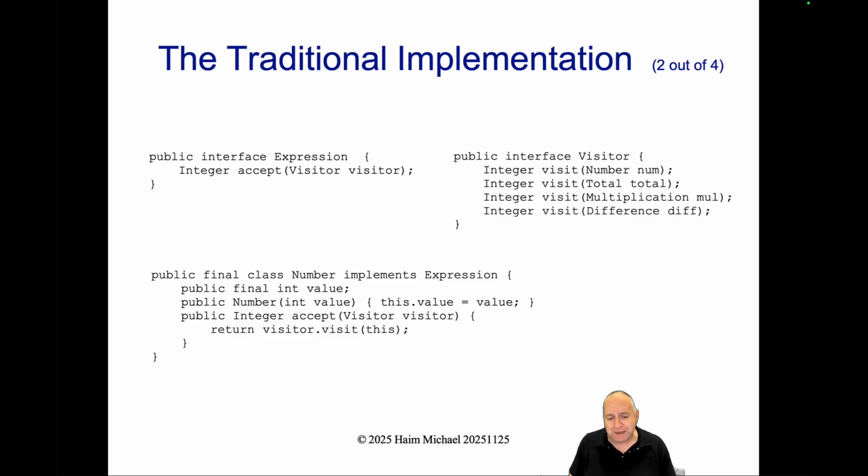Now, whenever accept is invoked on an object which is actually an expression, because it was instantiated from one of those classes that implements expression, that accept method took as an argument the reference to the object that is being used as the visitor.